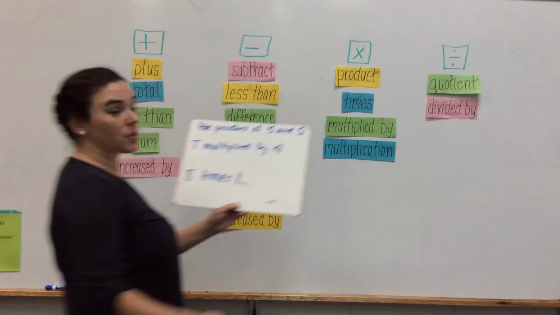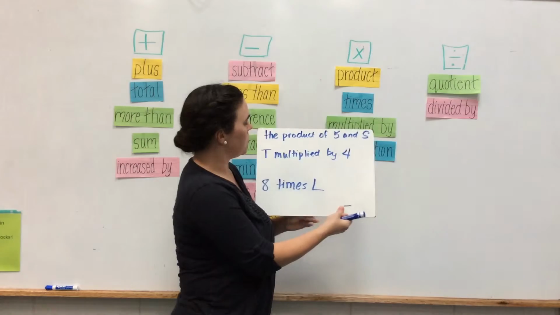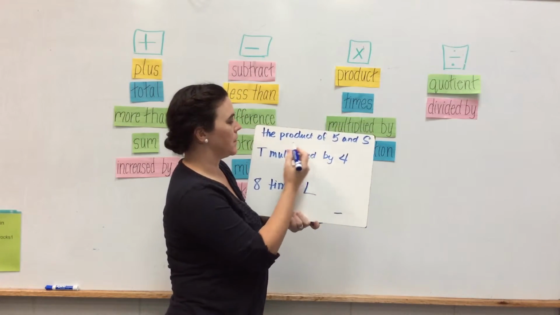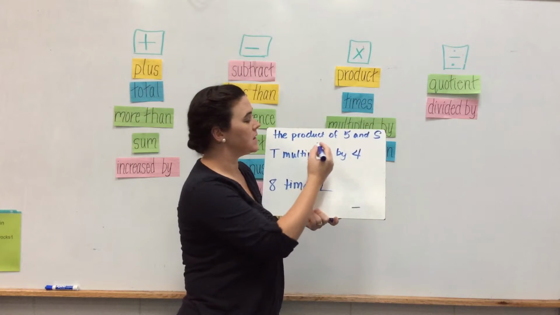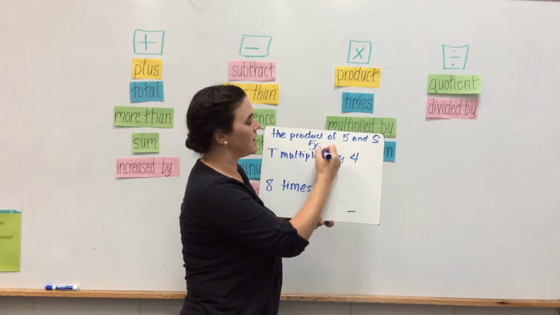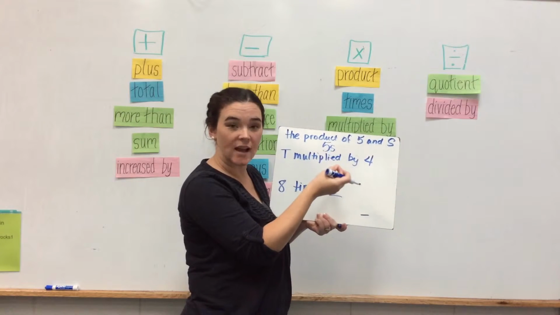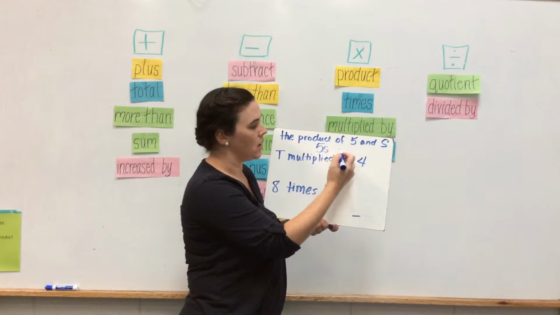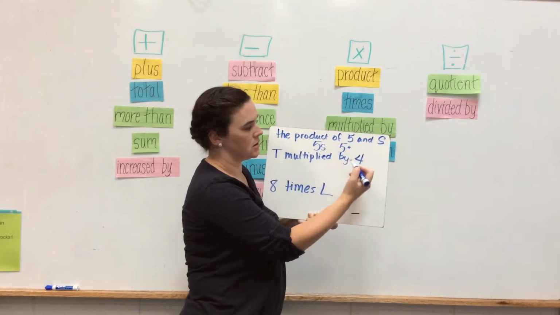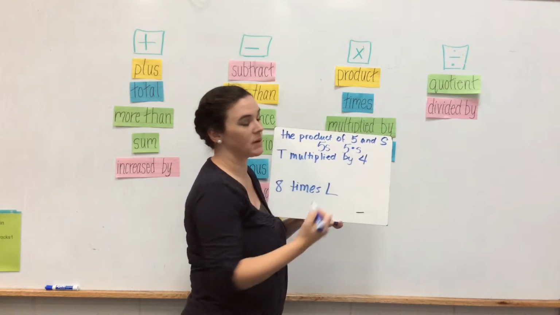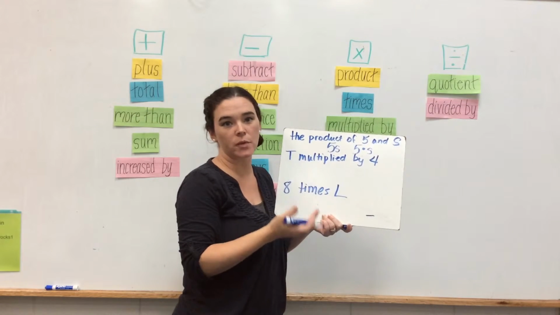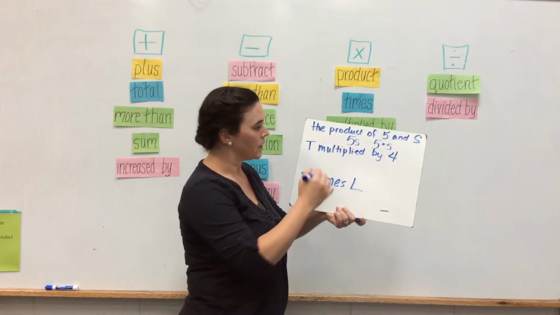Okay, so for multiplication, we're going to practice a few. The product of 5 and S. There's a couple of ways we can write this. We can write 5S where they're side by side, because in algebra that means that they're being multiplied. Or you can do 5 with the raised dot, which means multiplication, S. We never use the X symbol for multiplication in algebra.